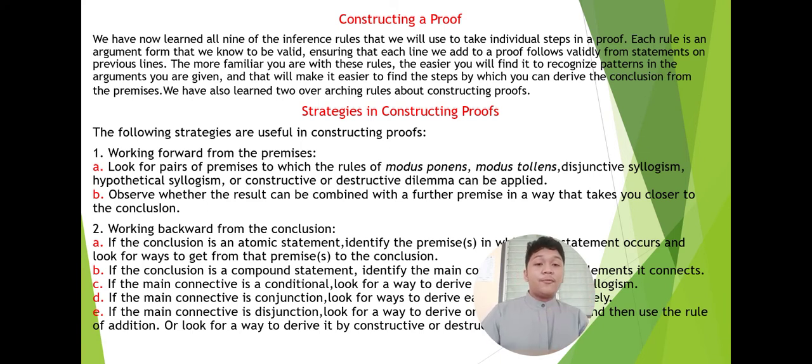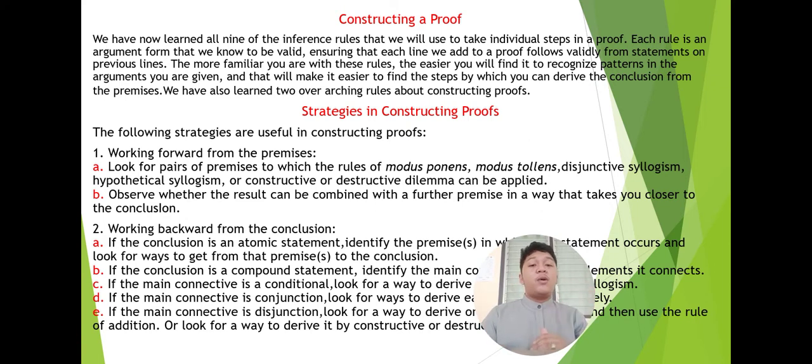In working forward, look for pairs of premises to which the rules of modus ponens, modus tollens, disjunctive syllogism, hypothetical syllogism, or constructive or destructive dilemma can be applied. Then observe whether the result can be combined with a further premise in a way that takes you closer to the conclusion. So working forward is simple.